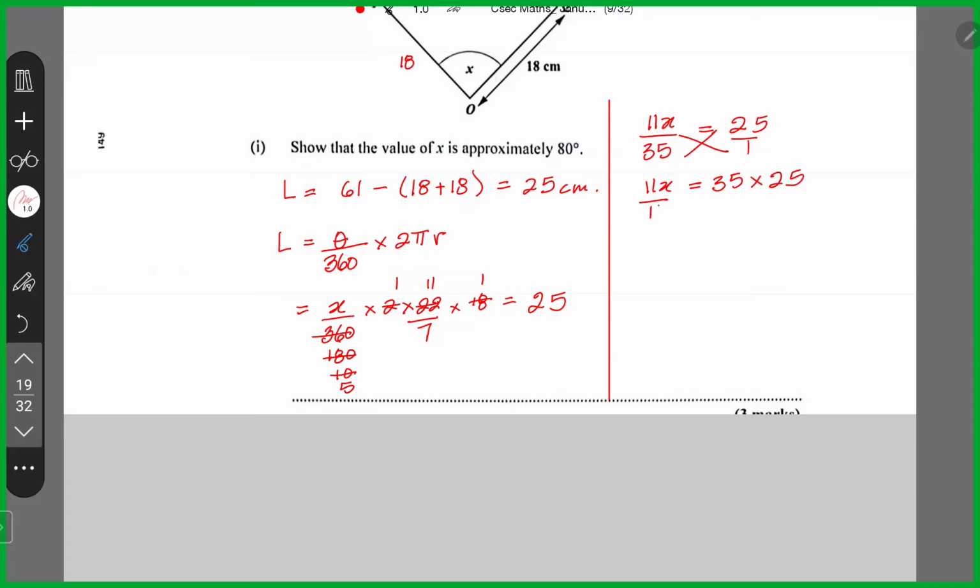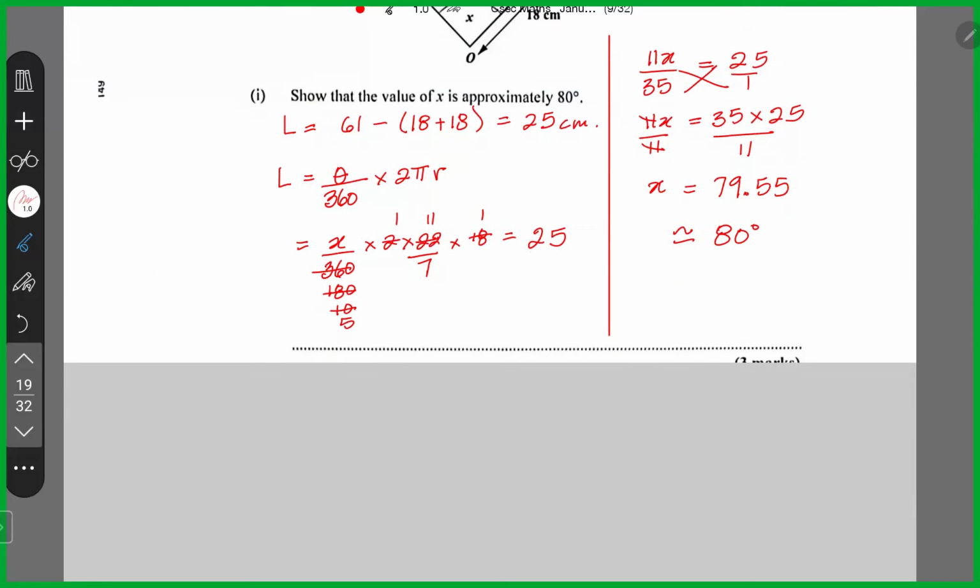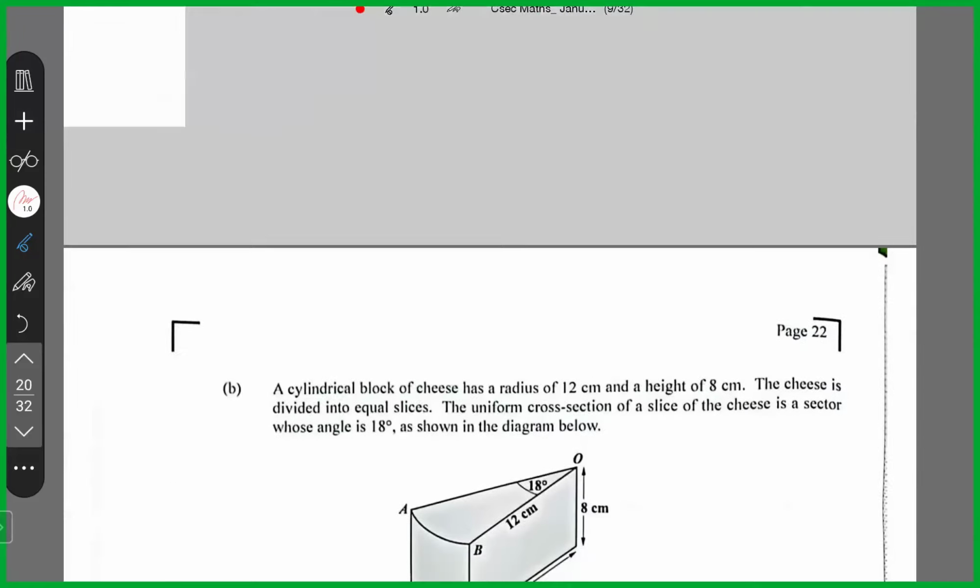Then divide both sides by 11 to show that x is equal to 35 times 25 divided by 11. And the answer there is 79.55, which is approximately 80 degrees. We're asked to show that x is 80 degrees, and we just did that. Let's see what's coming next.